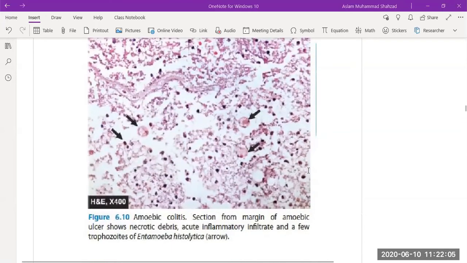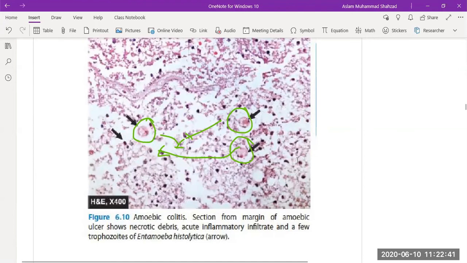These arrows show you the presence of amoebic colitis and the round structures. I know the structures look very similar, but they are not the same because they are stained with different staining techniques. They look similar, but they are different. These round structures, if you compare them with all of them, are actually similar, and they are forming the amoebic colitis. The section also shows the presence of ulceration and inflammatory infiltrates.